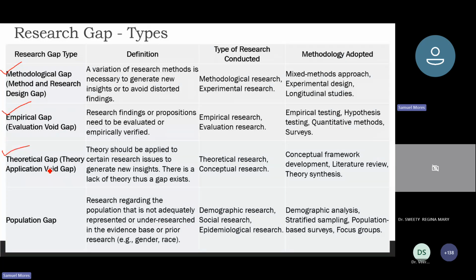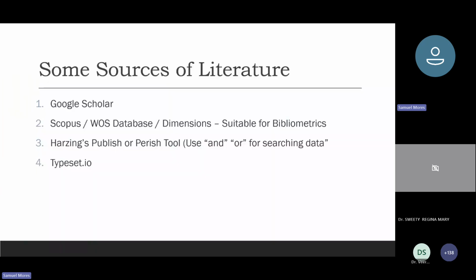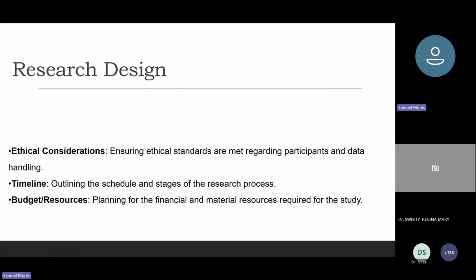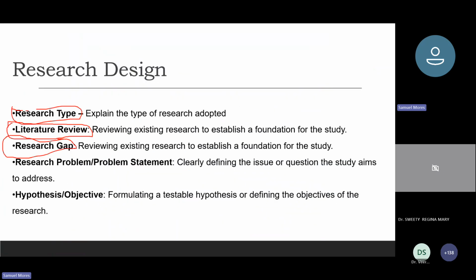Theoretical gap: sometimes we don't have theories in a particular field and you want to come up with a theory. Sometimes a population gap will be there. That means something has been tested in a particular demographic, but not in another demographic. These are the different kinds of gaps. What kind of gap you are addressing in this particular research, you should write in the research design.